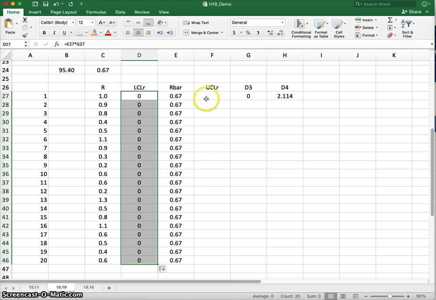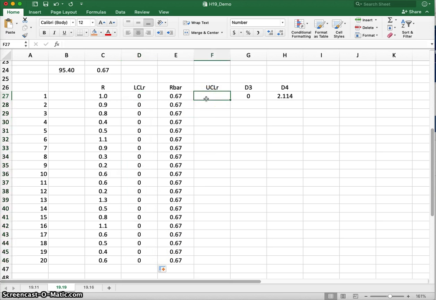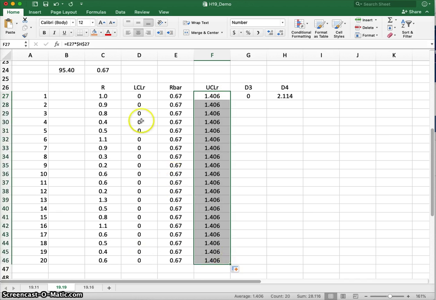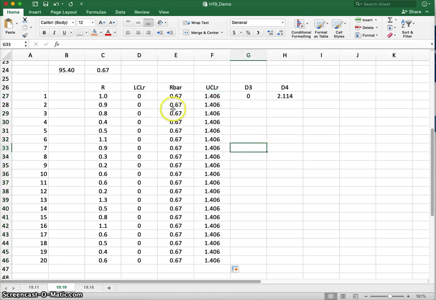And my upper control limit just equals R bar times D4. And I'll make that constant. Okay, so as long as my range is between 0 and 1.406, then the process is in control.